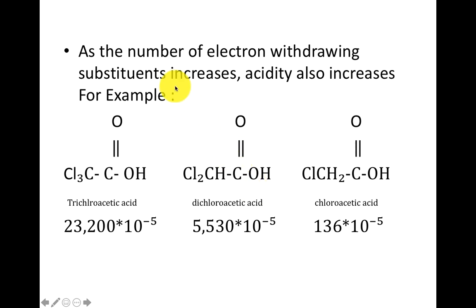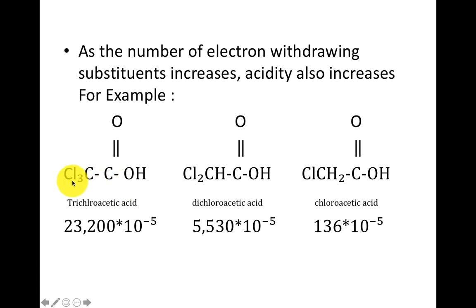So see, as the number of electron withdrawing substituents increases, acidity also increases. See here, three chlorines are present, that is trichloroacetic acid. This is dichloroacetic acid and this is chloroacetic acid.